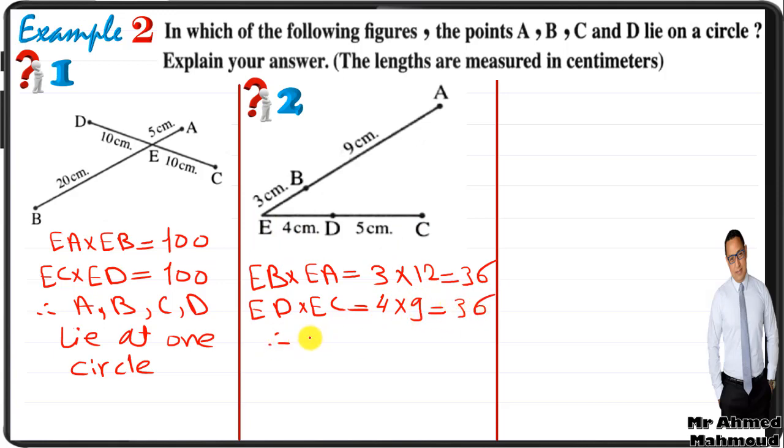Therefore, A, B, C, and D lie on one circle.